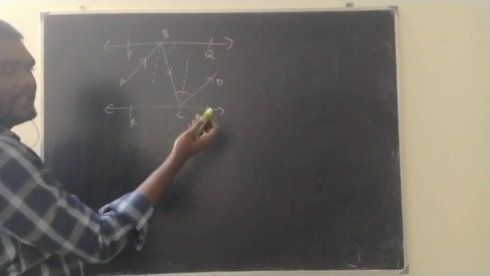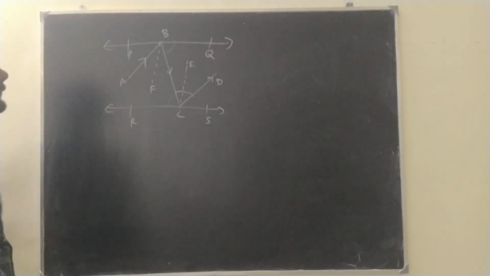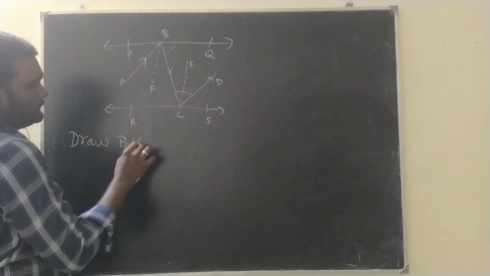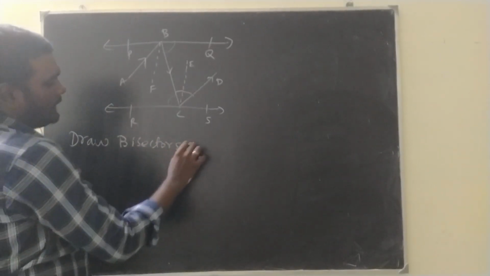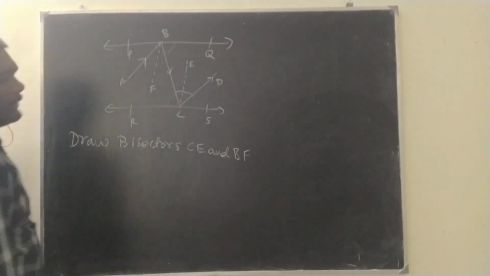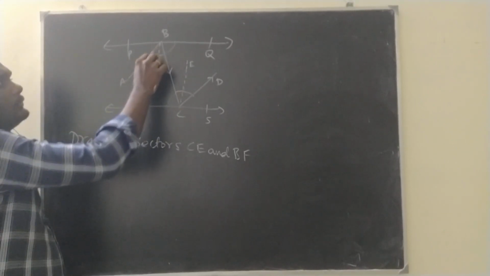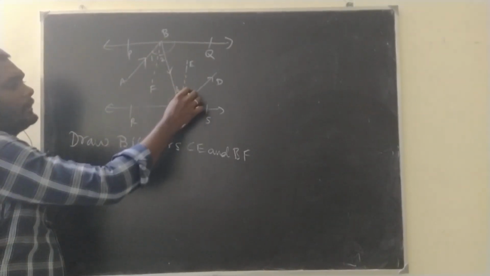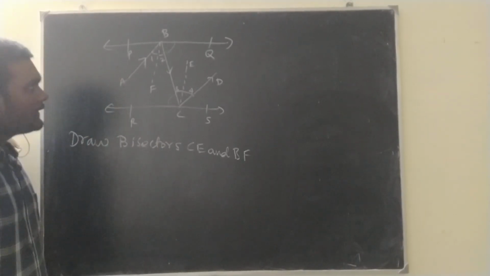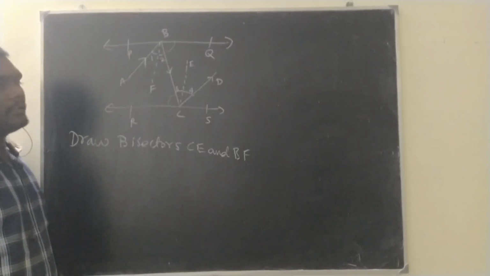So I am drawing bisectors CE and BF for the angle BNC, and numbering them as 1, 2, 3, 4. And do you know, when we draw bisectors, those two bisectors will be parallel. Is it or not?